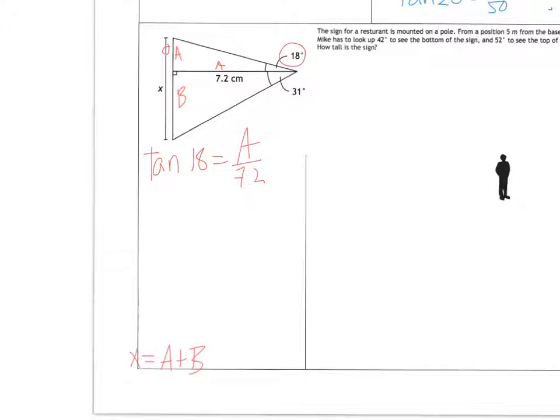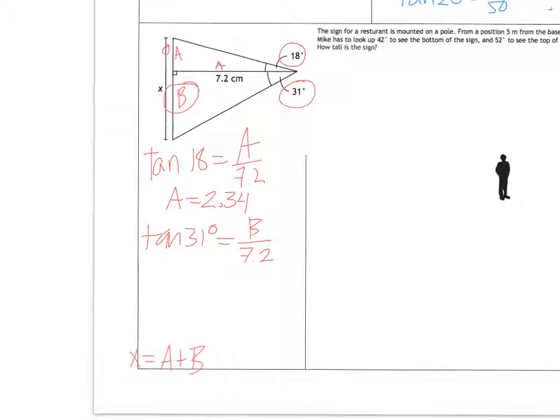In doing that out, we get 7.2 times the tangent of 18. And I get a equals 2.34. To find b, we're going to use a similar thing with tangent of 31 degrees, which is b over 7.2.